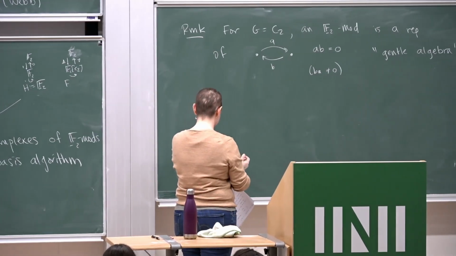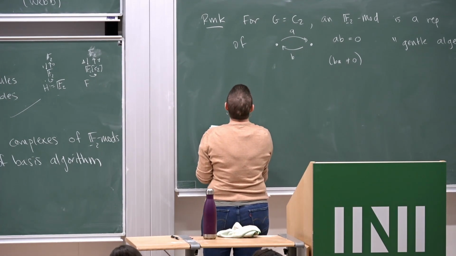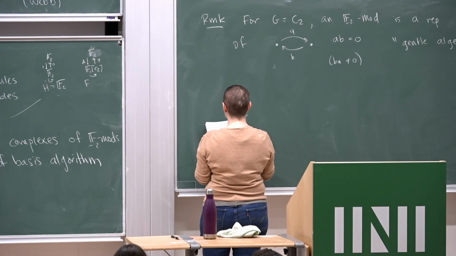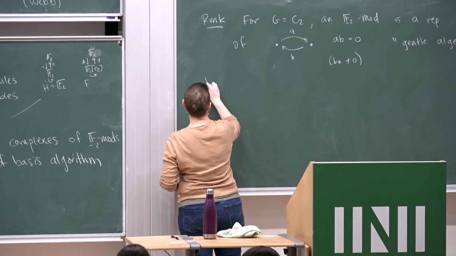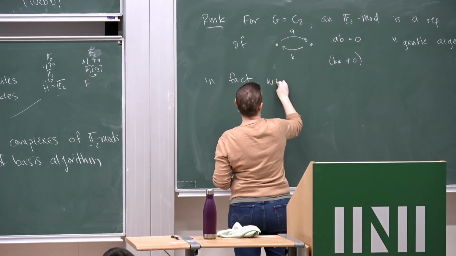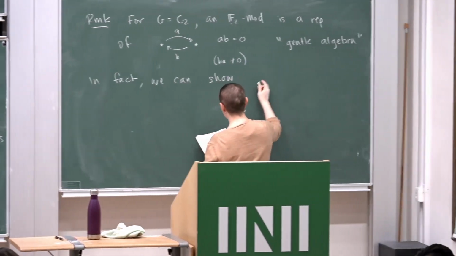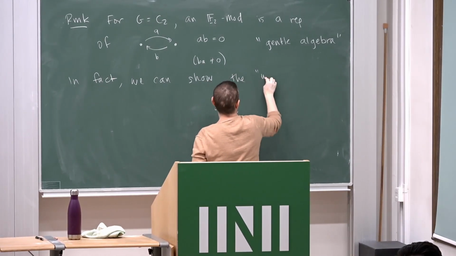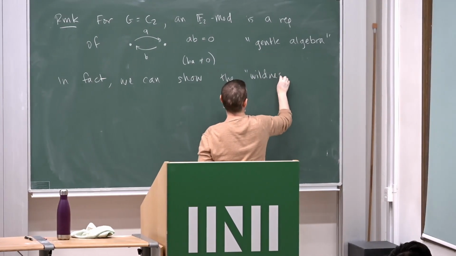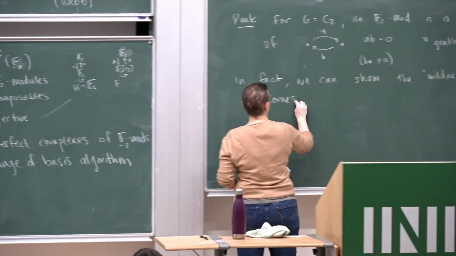So, okay, I want to end by going back to spaces a little bit. So I just want to say that, in fact, we can show that the wildness, this is not a technical term, this is my term, but the wildness comes from spaces.